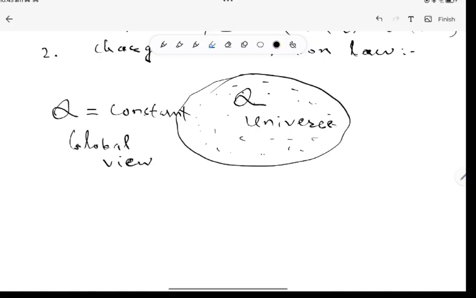Another way of looking at it is you just consider a small volume inside this universe. In order to facilitate this view, let me enlarge it, magnify it, so that things are quite visible.